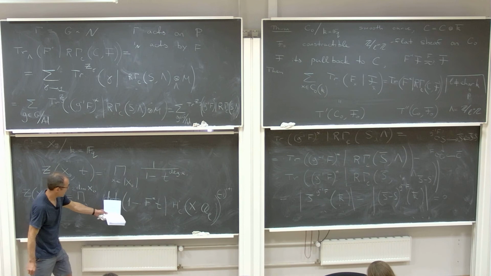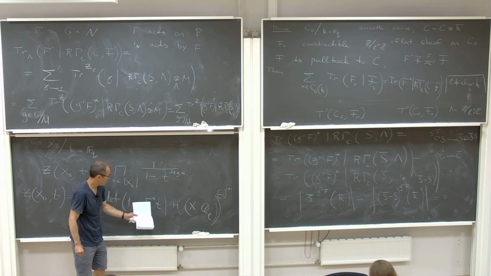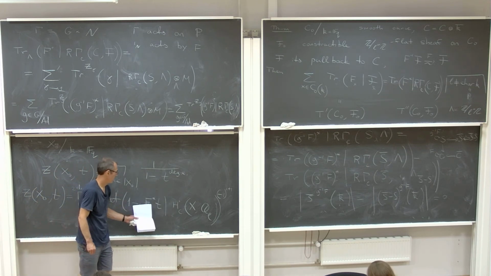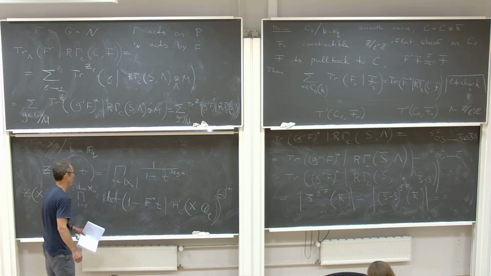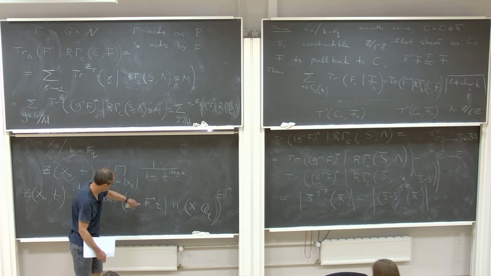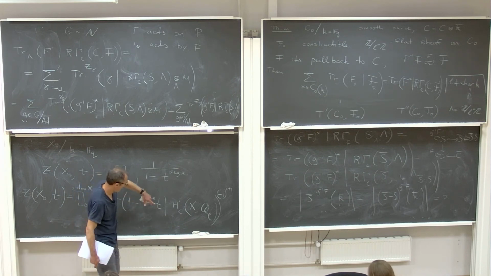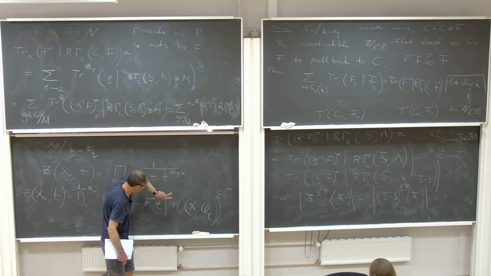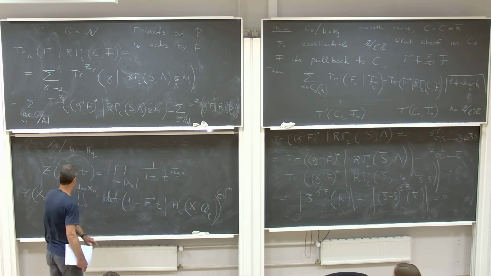So this is a version of the characteristic polynomial of an endomorphism acting on a finite dimensional vector space.